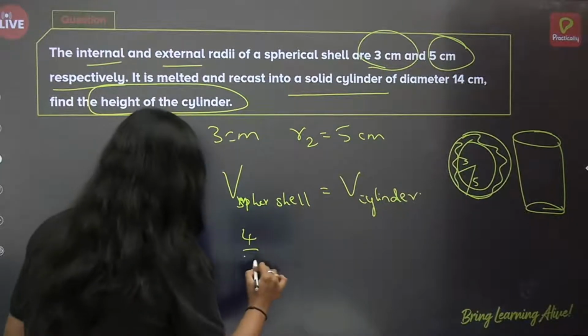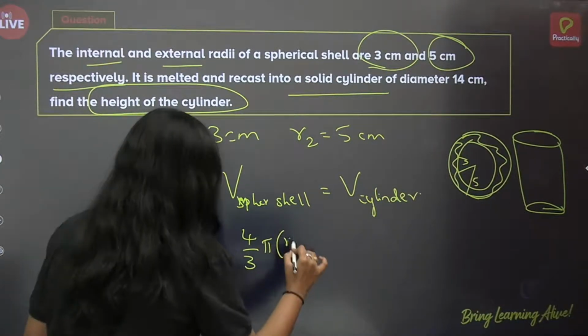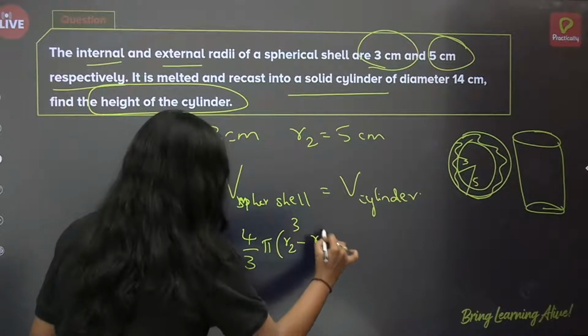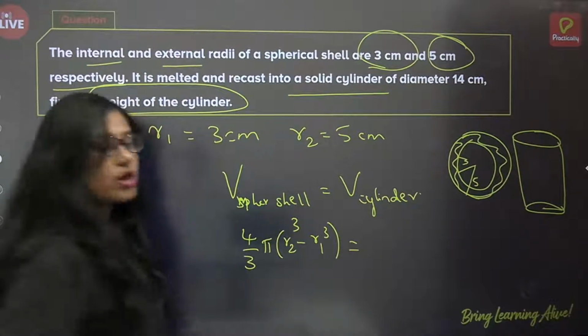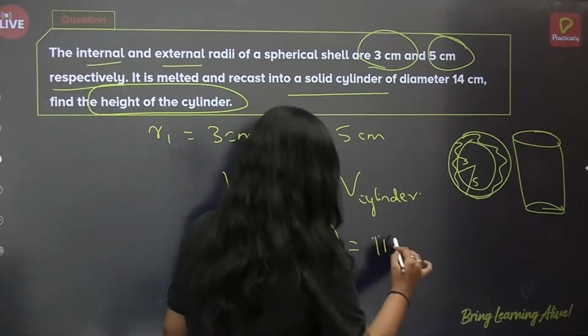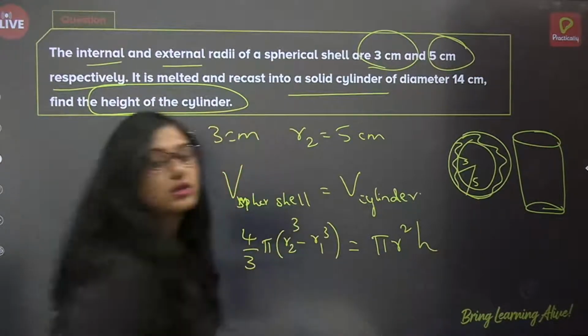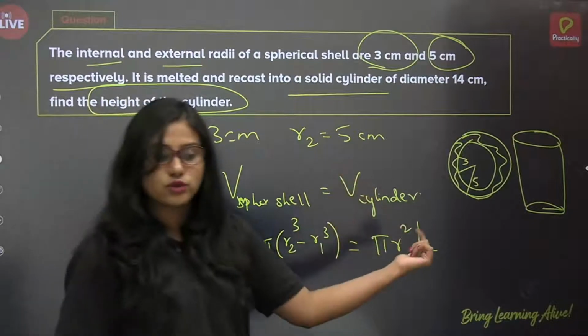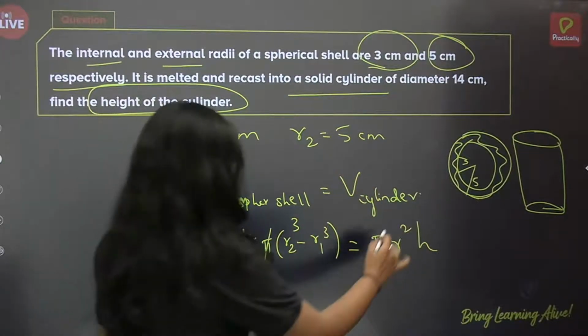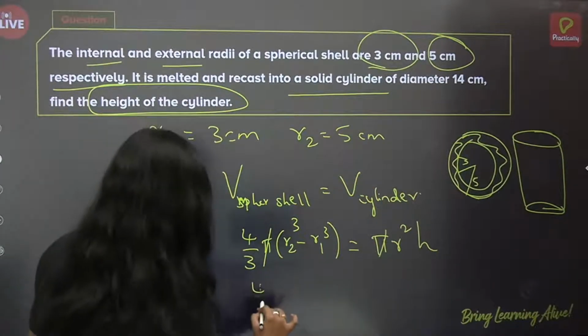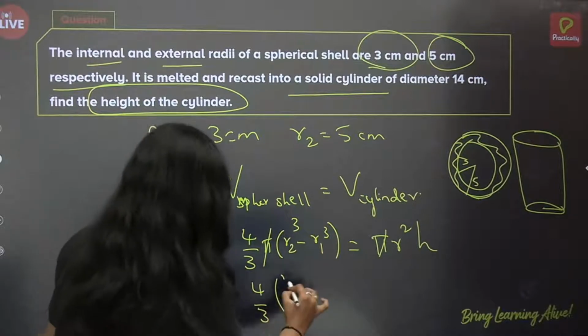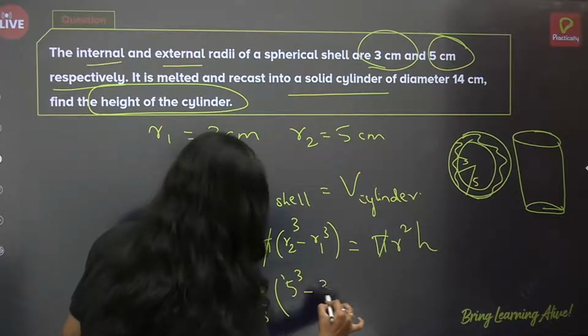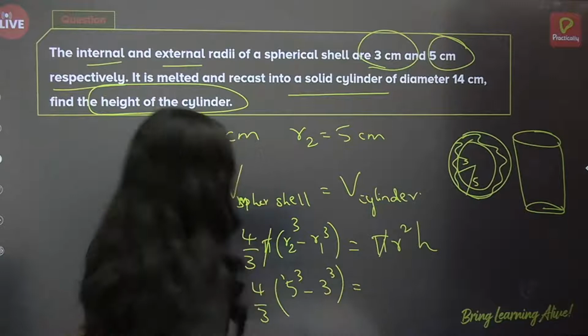Now how do we find the volume? 4 by 3 pi into r2 cube minus r1 cube equals, what is the volume of the cylinder? Pi r square h. No, sorry, we know the diameter, we have to find the height. So pi. Now just substitute the values. 4 by 3 of 5 cube minus 3 cube is equal to, what is r?